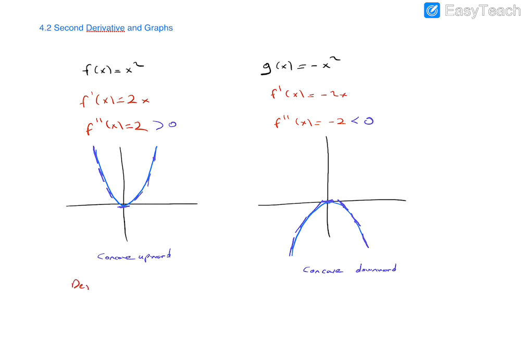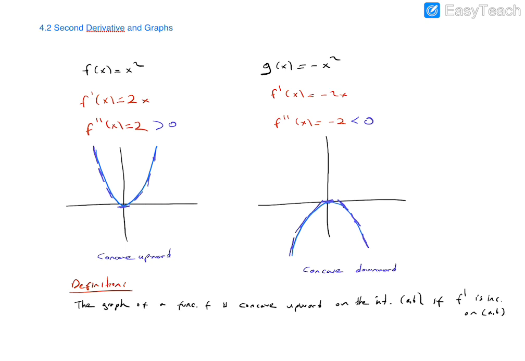Let's give a definition of concavity. The graph of a function f is concave upward on the interval AB if f prime is increasing on the same interval, or the graph of f is concave downward on the interval AB if f prime is decreasing.